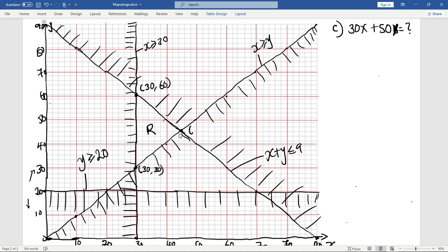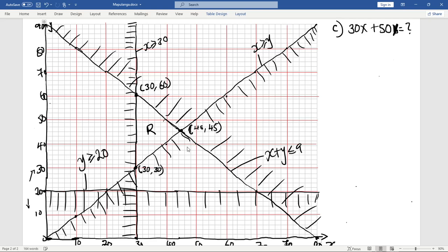Then this point of intersection here is 45, 45. Okay, so my graphs are not accurate like this here.